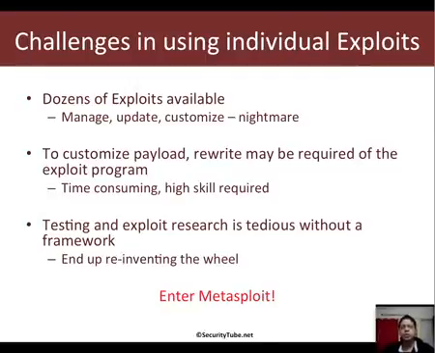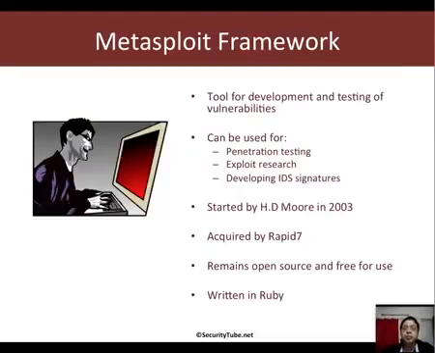Now, to make sense of all of this commotion, what we really require is a framework which can take care of all of this and allow us to use it with a great deal of flexibility. Enter Metasploit. The Metasploit framework has been around for quite some time. It was written by H.D. Moore, I think around 2003, and was later acquired by Rapid7.